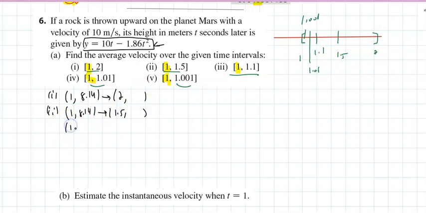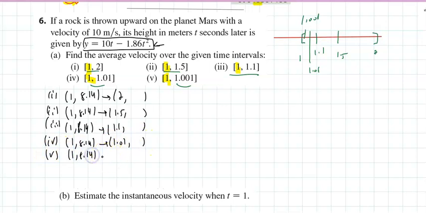Then I'm going from 8.14 to, in case 3, 1.1, and in case 4, from 8.14 to 1.01, and in case 5, I'm running from 8.14 to 1.001.